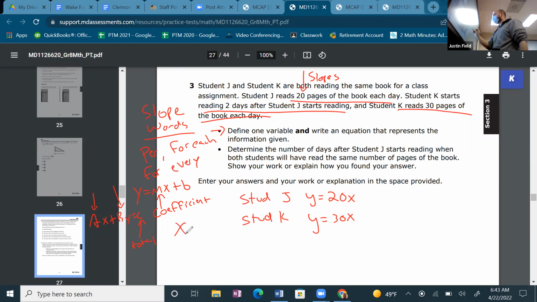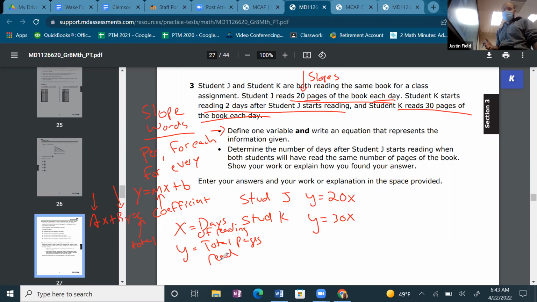So x is, what are we multiplying the 20 by? 20 pages. So 20 represents pages each day. So x is days of reading. And what is y? Y is total pages read.